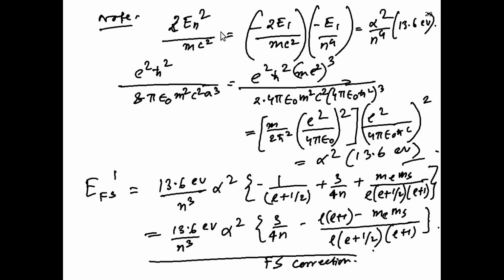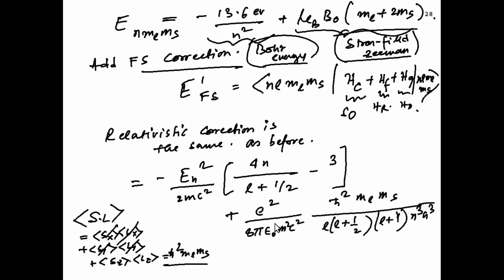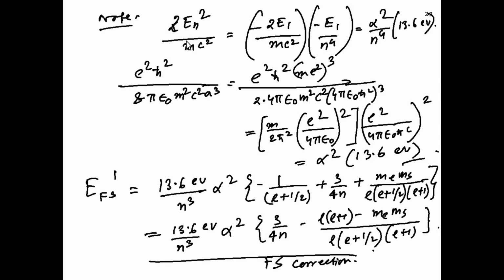So, now we put numbers and simplify this expression further. I want to show what it is in terms of alpha, because alpha is our perturbative parameter, the small parameter of the theory. So, I can rewrite this as 2 E_n square by m c square, and rearrange it such that it can be written in terms of alpha.